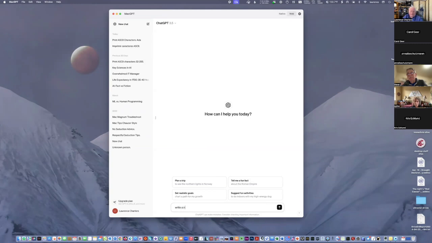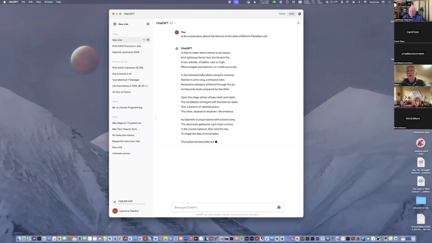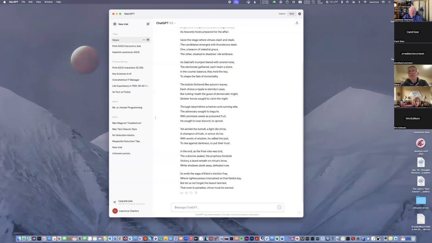Write a news story about the election in the style of Milton's Paradise Lost. That was my prompt. And what it's doing, it's writing this much longer poem than I was expecting.